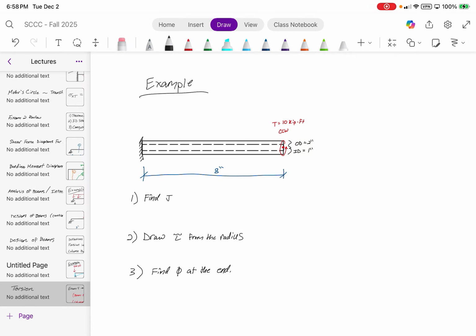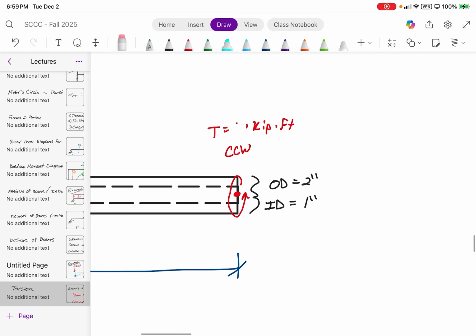The material for this, I will say, is... what's this good material? I don't like any of these. You know what? Make it 1 kip feet, actually. So reduce it by 10.